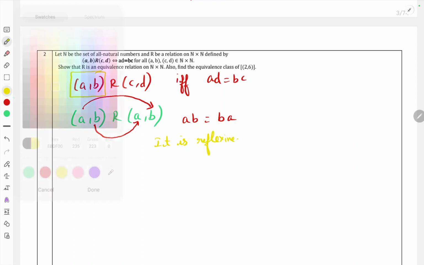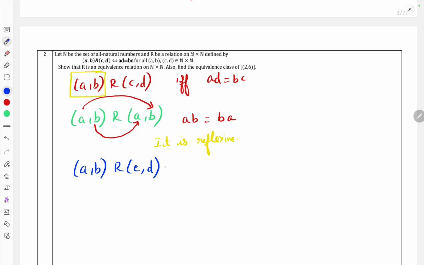So next we will check for symmetric. So (a, b) is related with (c, d). This we are taking as true, which means it exists. What we have to check is whether (c, d) is related with (a, b) or not.